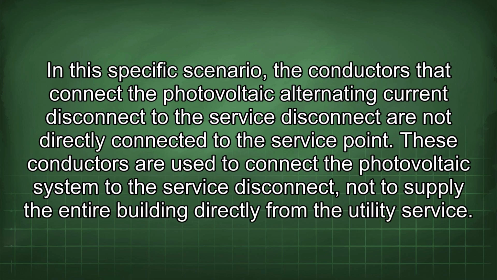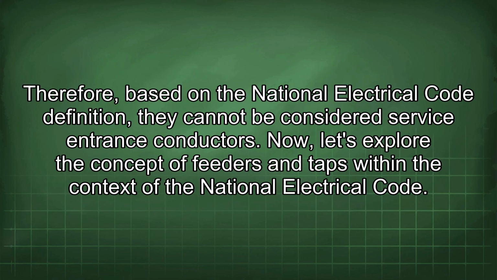In this specific scenario, the conductors that connect the photovoltaic alternating current disconnect to the service disconnect are not directly connected to the service point. These conductors are used to connect the photovoltaic system to the service disconnect, not to supply the entire building directly from the utility service. Therefore, based on the National Electrical Code definition, they cannot be considered service entrance conductors.